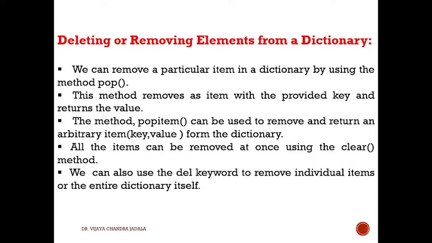The method popitem can be used to remove and return an arbitrary item (key, value) from the dictionary. All the items can be removed at once using the clear method. We can also use the del keyword to remove individual items or the entire dictionary itself.